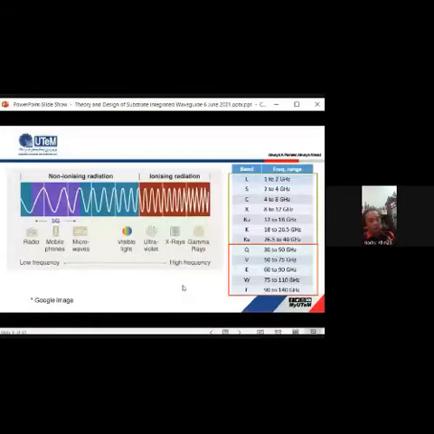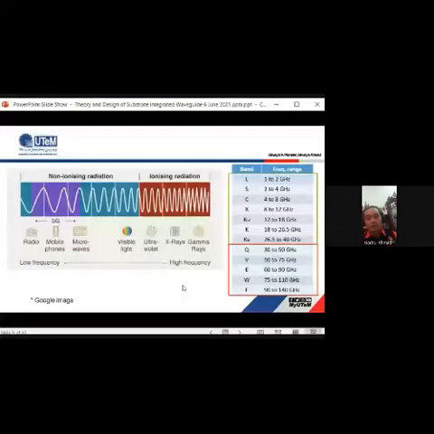Put simply, non-ionizing radiation differs from ionizing radiation in the way it acts on materials, for example water, air, and living tissue. Unlike X-rays and other forms of ionizing radiation, non-ionizing radiation does not have enough energy to remove electrons from an atom or molecule.